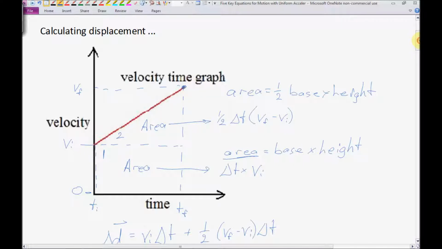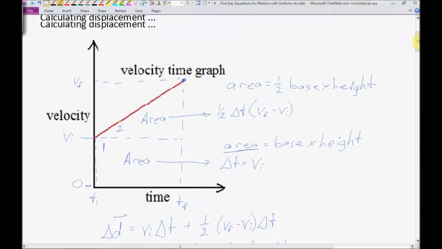So the total area, which gives us the total displacement, is initial velocity times delta t to get area 1, plus half delta v, v final minus v initial, that's the height of the triangle, times delta t, that's the base of the triangle.